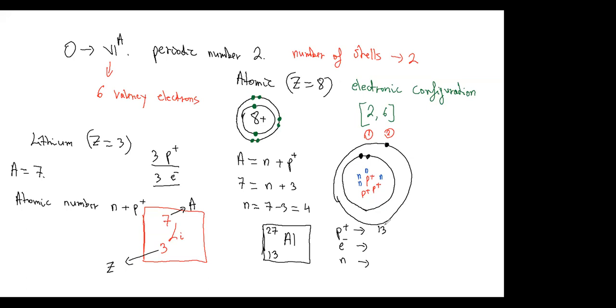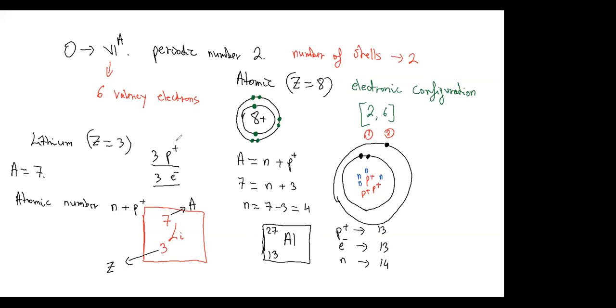Okay, great, Danny. Okay, number of electrons? Abigail? Neutrons 14. Great. Okay. And number of electrons? Great, Danny. Yes, it's 13.